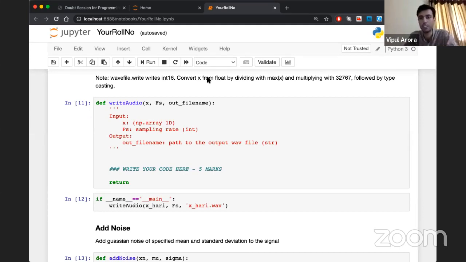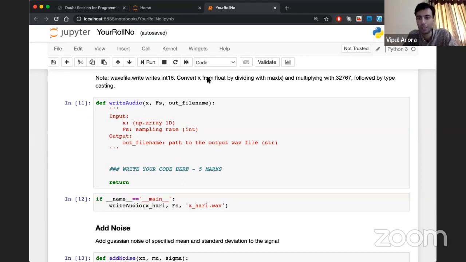I have posted a link on, I think it was on the MooKIT forum, that there is a website called Stack Overflow. Whenever you have any questions regarding programming, they have good answers. So I have posted one answer from there, that how do you do this scaling and all. Okay.